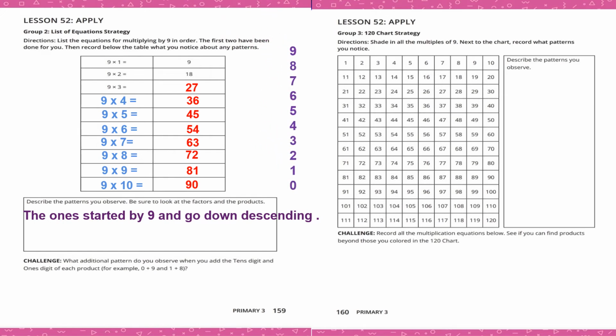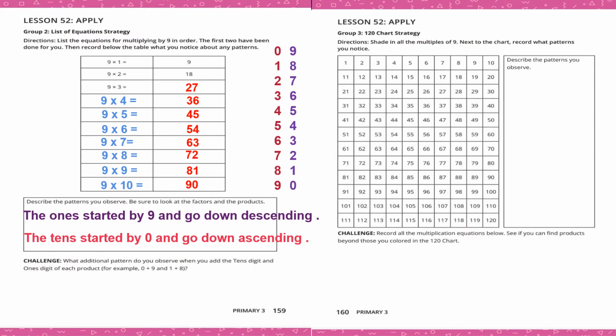The ones started by 9 and go down descending, okay? Like this, you can write the numbers from 0 to 9, from down to up, and also write on the other side the numbers from 0 to 9, from up to down.